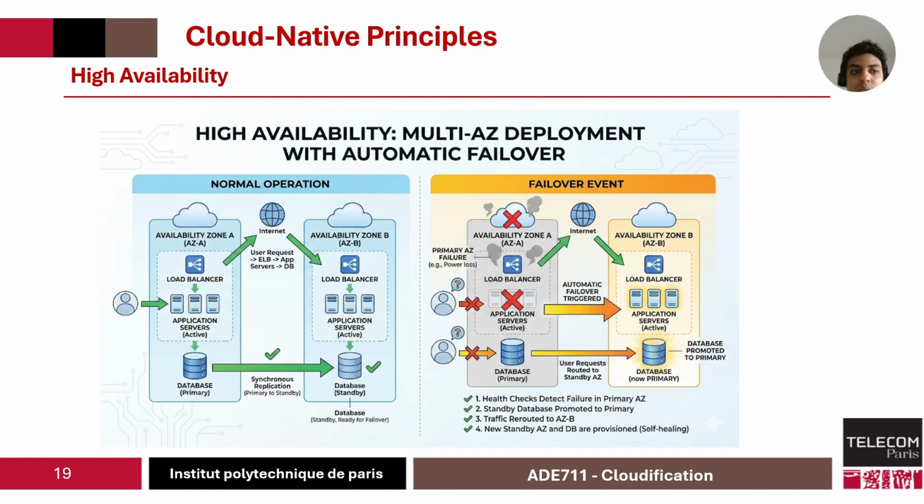The next one is high availability. High availability depends. We often say that it's five nines, like 99.999% of the time you are available. That depends on the quality of service you're subscribed to. High availability means how much of the time my application is available.